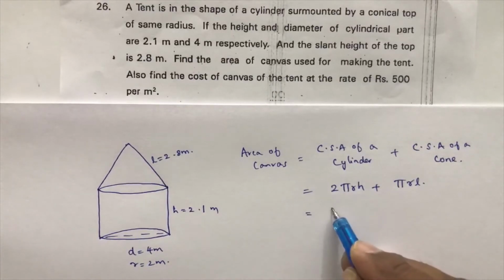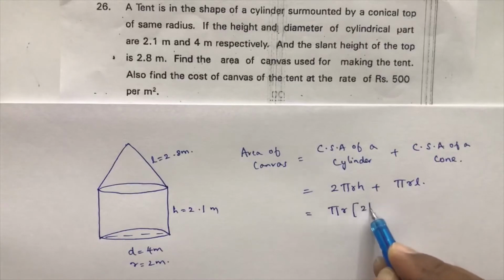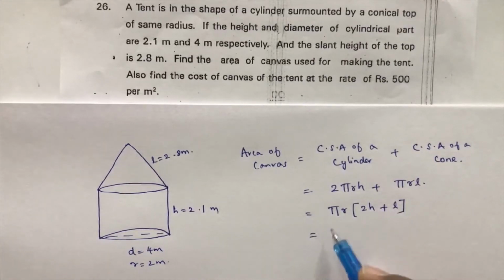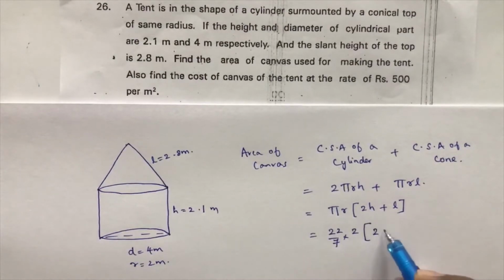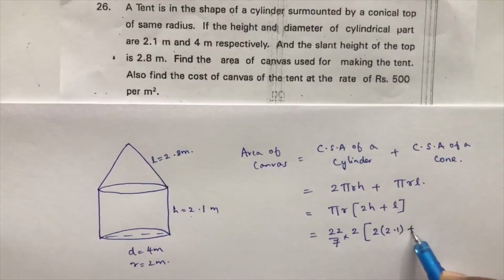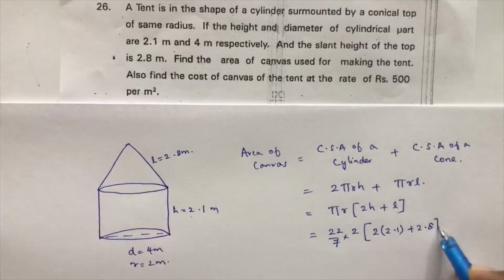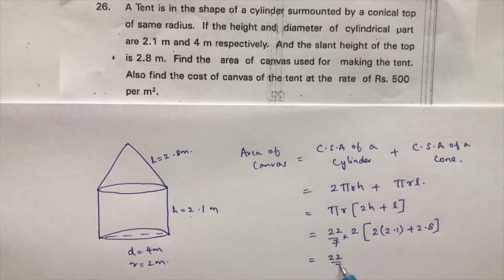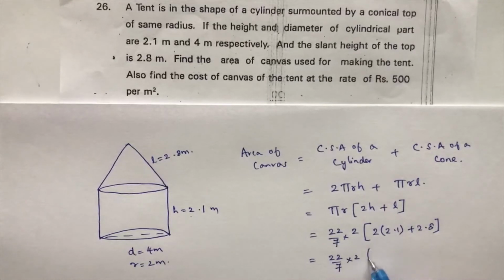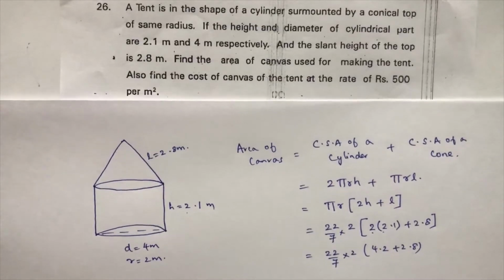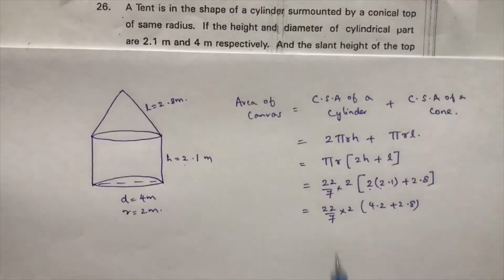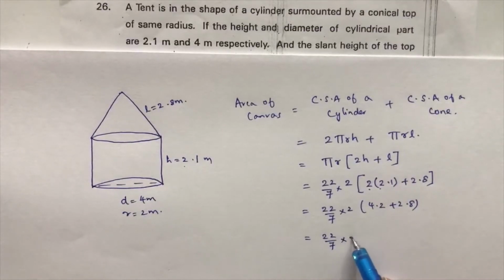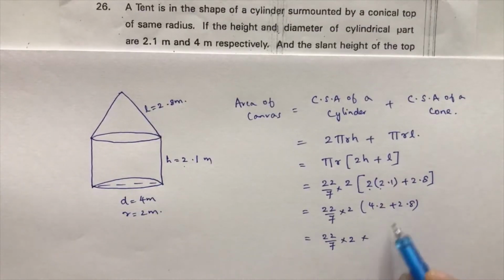The radius is the same, so I'll take pi R common. Here I'll be left with 2h plus L. So pi is 22 by 7 into radius 2 into 2 times height, which is 2.1, plus slant height 2.8. Simplifying, 22 by 7 into 2 into 4.2 plus 2.8, which is 7.